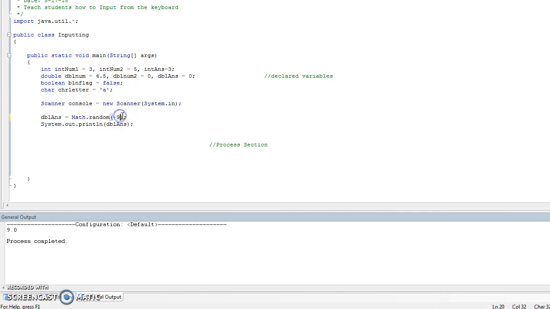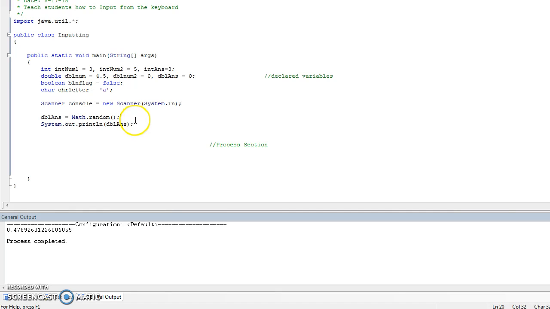Remember, random took in no arguments, and I should get a value. Run it. Okay, that is the value I got. That's random, 0.91136. Run it again. This time I got 0.76. I'm just getting random decimal numbers.